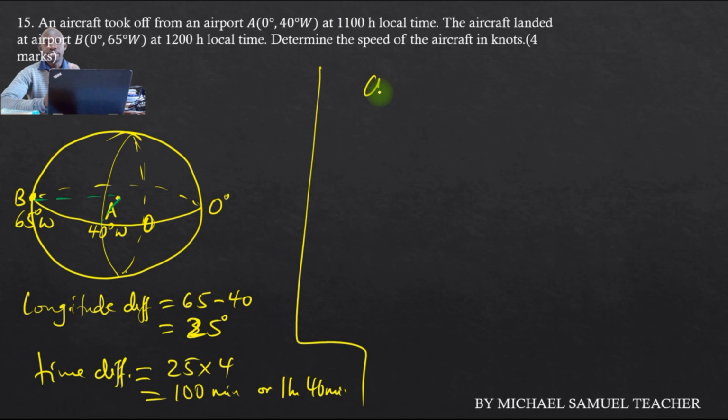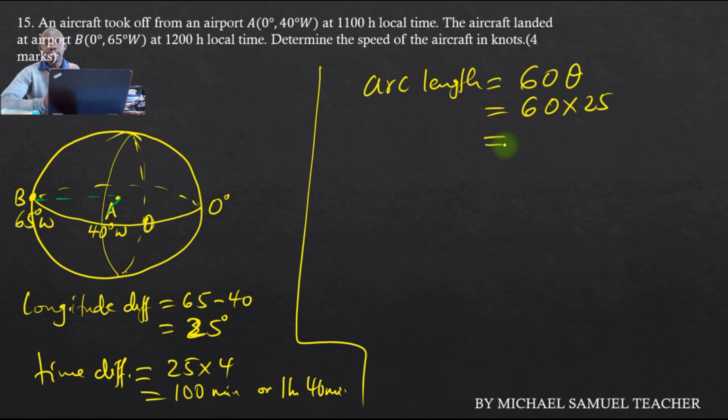Then we need to get the arc length, the distance it covered along that longitude. The arc length is normally given by 60 theta, where theta is the longitude difference. So this will be 60 times 25 degrees, and we get 1,500 nautical miles.